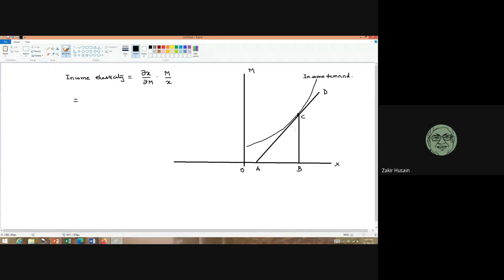What is the change in x? So what is the change in x? We just have to take this line AD, ACD. What is del x?